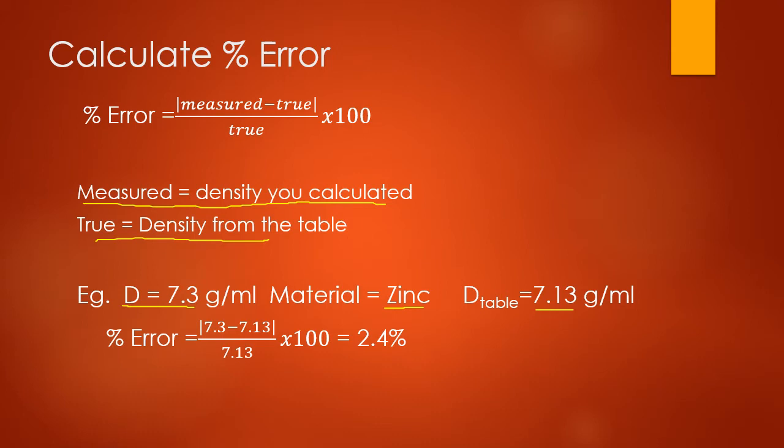So when you're using these values to calculate percent error, you're going to take the 7.3, the density you calculated, and put it in the measured spot. You'll take the density you got from the table, corresponding to the material that you identified the cube as, and put it in the true spots. So it'll go in two different places.